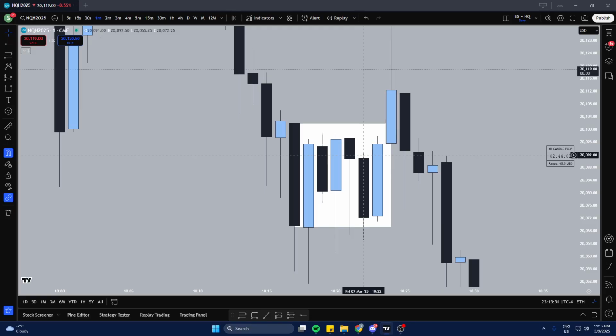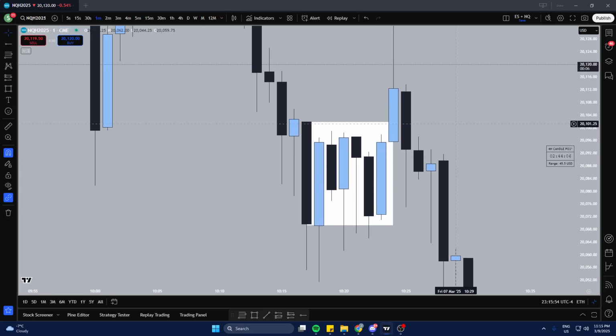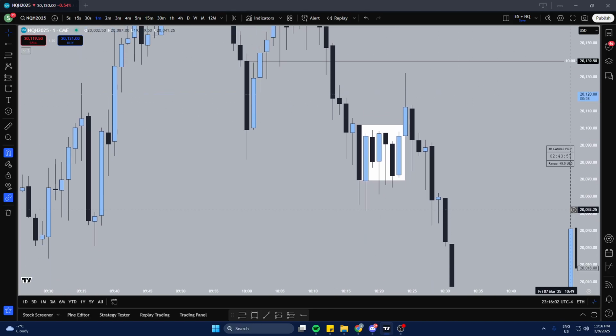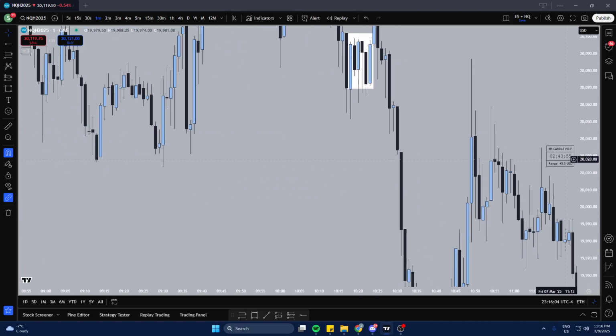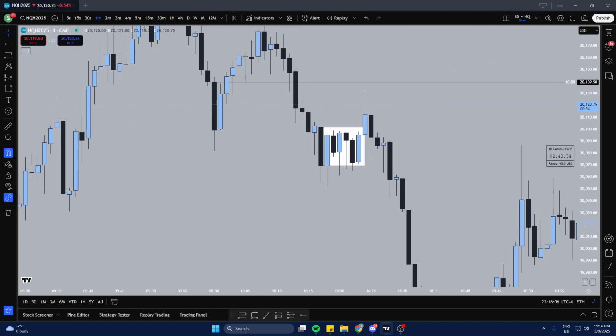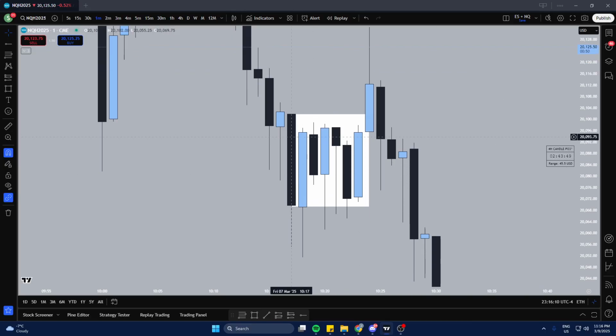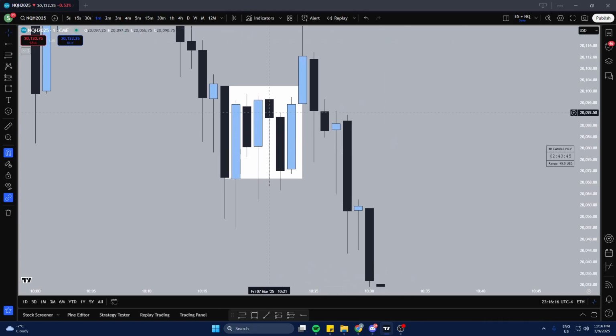And how we find that manipulation: we have a bullish manipulation, and then it distributes bearish, and it's just going to accumulate like this until it breaks out of that range.